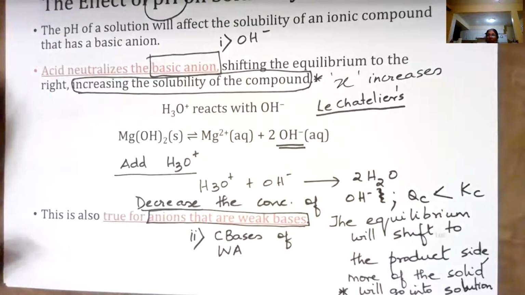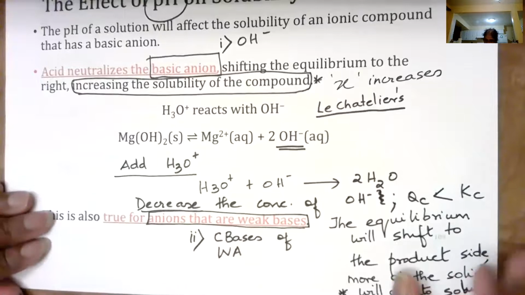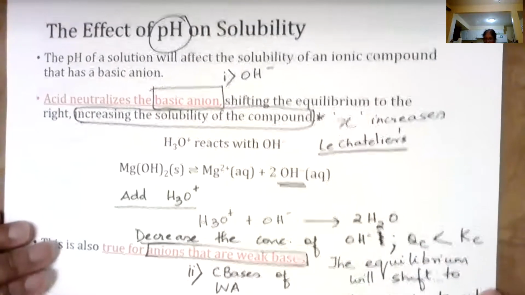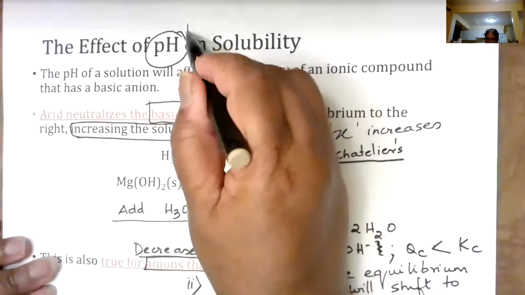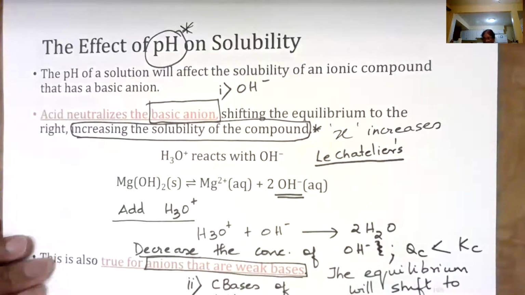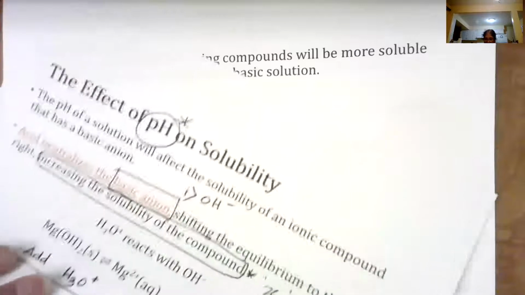Got that? So one, you have an OH minus ion in the structure of the compound, and it goes into solution to give OH minus ions. Secondly, if you have a weak acid, the conjugate base that it produces is a weak base. So we'll look at examples on the next page. These are the two kinds that will be affected by pH. The solubility of these compounds will be affected by pH.